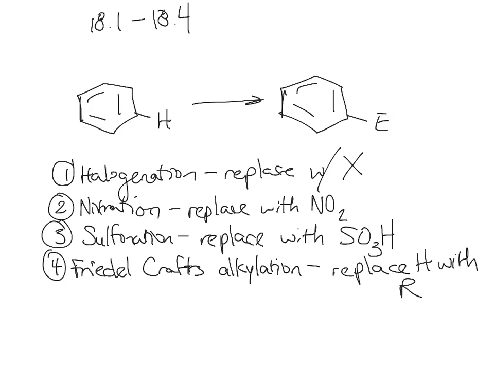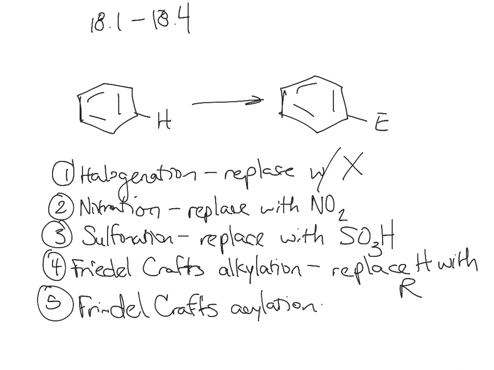Our fifth type of reaction is called Friedel-Crafts acylation. And so in that case, you replace that hydrogen with what we call RCO. And if you draw it out, it looks like R carbonyl. That's where it gets attached. So those are our 5 possibilities that we're going to look at.